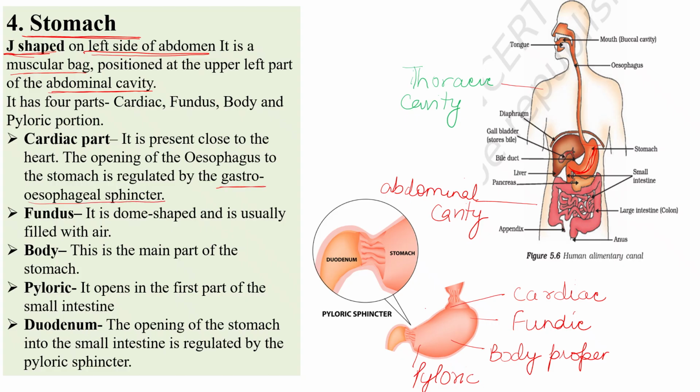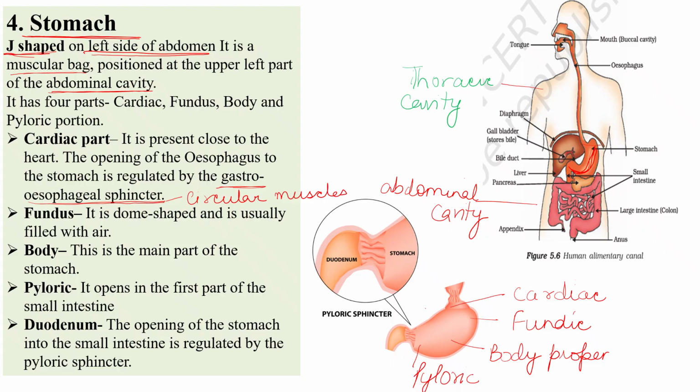gastroesophageal sphincter. So what do we mean by gastroesophageal sphincter? Sphincter means ring of muscles, that is circular muscles that surround and control the opening. Sphincter means circular muscles that will control the opening and closing.